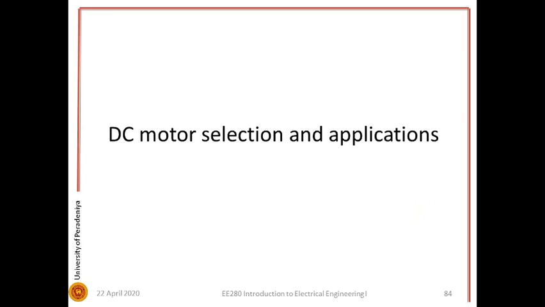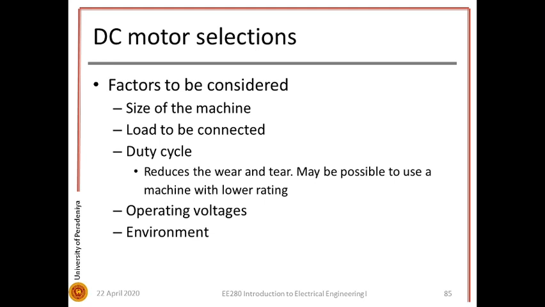Now we will look at the DC motor selection and applications. So when you are selecting a DC motor, you have to look at the size of the motor, what type of load that you are going to connect, and duty cycle. What is meant by duty cycle is how often you are going to operate the motor.